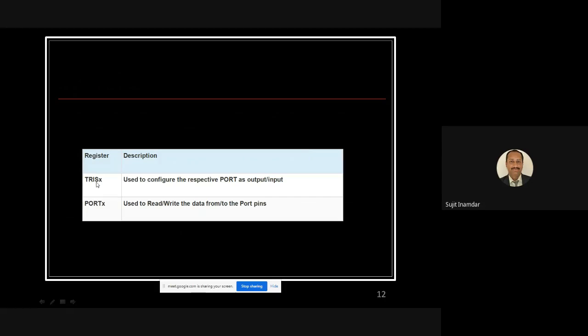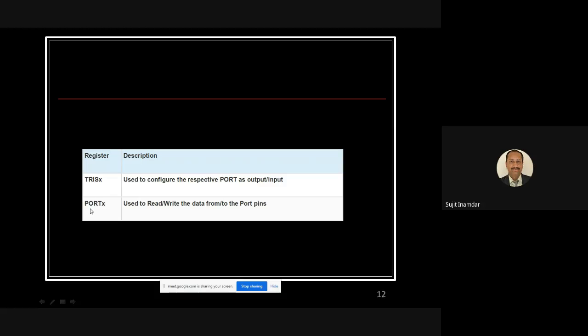These are the 2 instructions which we have already seen, but here we will repeat them once again. TRISX, where X stands for which port it is, is used to configure the respective port as output or input. म्हणजेच डायरेक्शन ठरवायसाठी की इनपुट का आउटपुट. TRISA, TRISB, TRISC, like this.